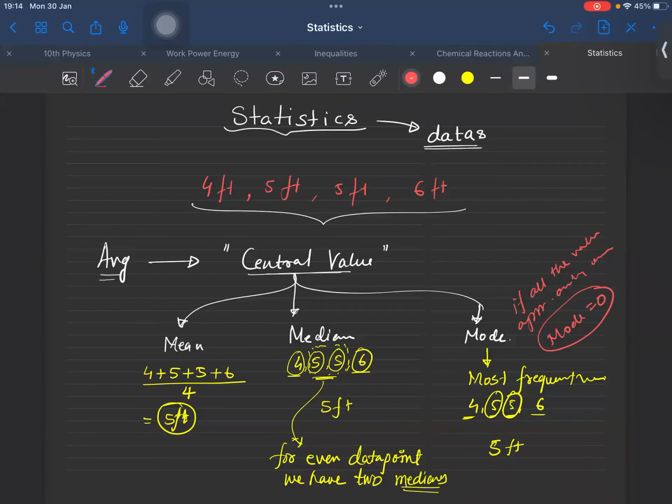We don't write that the mode is 0, but rather no mode. Mode is not defined.